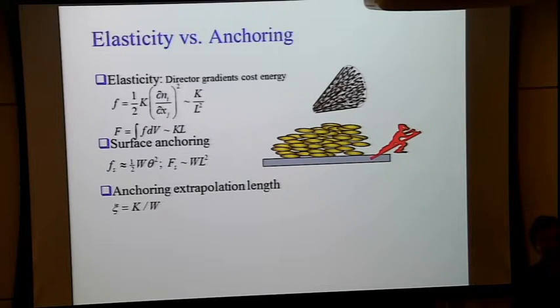So what is your guess about the length value that we should find in the nematics? So this is the material. It has bulk properties, elasticity, and surface properties, anchoring. And the two constants being divided one by the other give you the length. What should be that length?